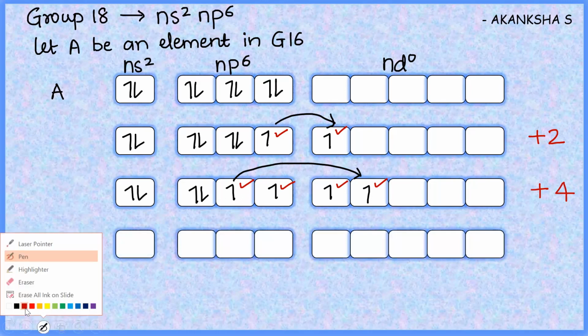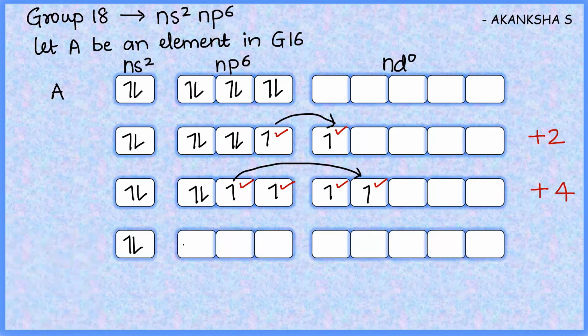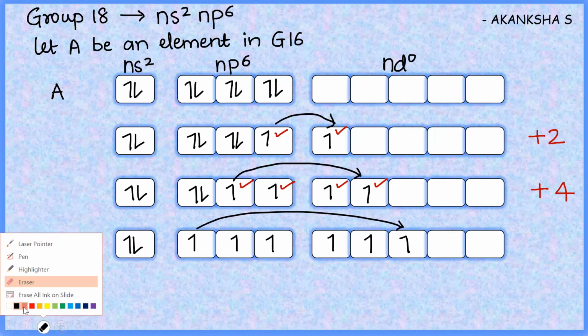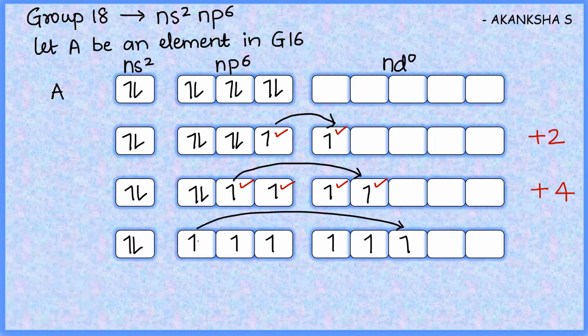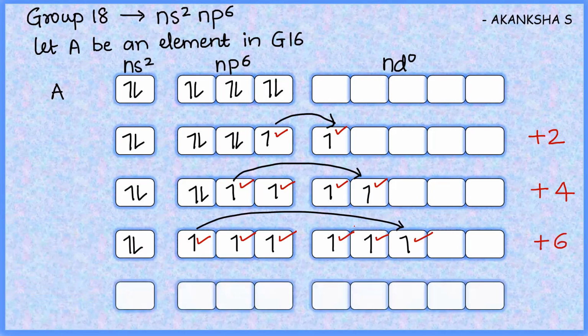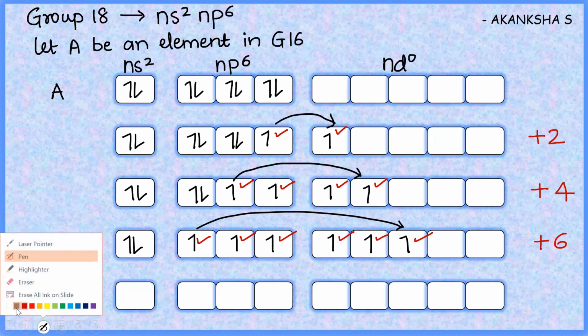What is the next possibility? Do we have paired electrons? Yes, we still have paired electrons. So we are going to unpair it. Okay. So what do we do? Which all unpaired we can see? 1, 2, 3, 4, 5, 6. So they can have a charge of plus 6. Next, what else?